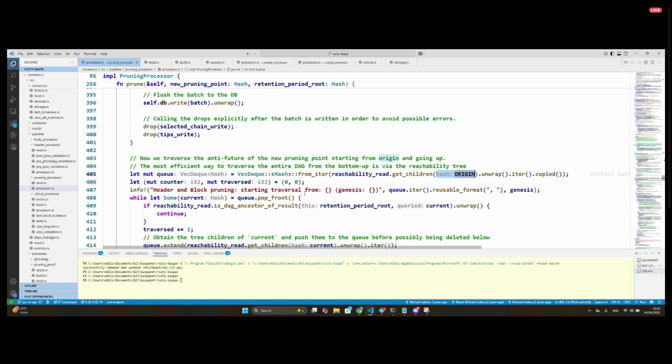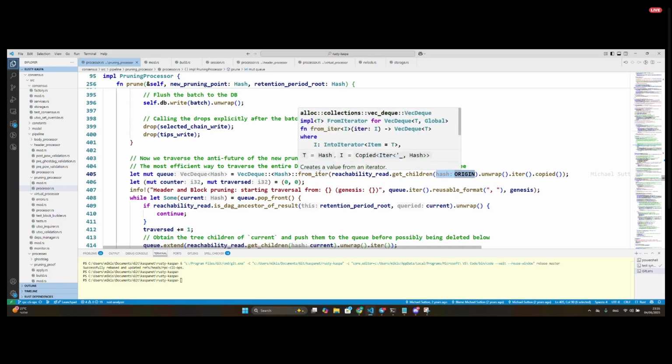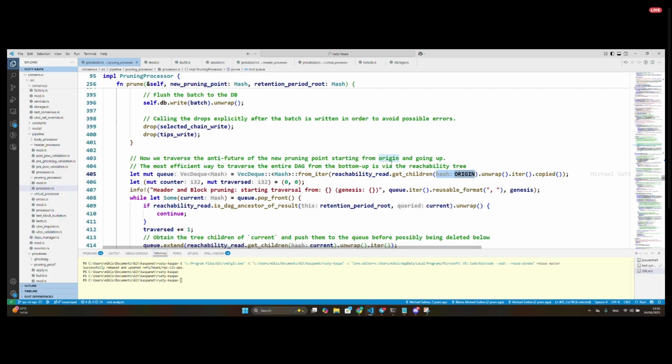Which is why this process can crash, and you can just recover easily. The process would come back up, realize exactly the same set of keep, and just continue. It would go up again from origin to wherever it reached, and continue the pruning from where it was. So this makes it crash safe.